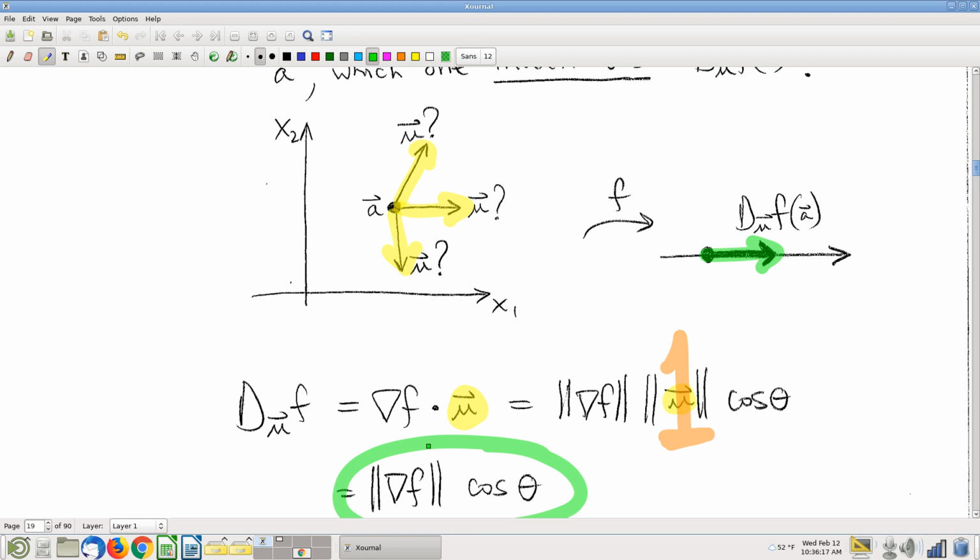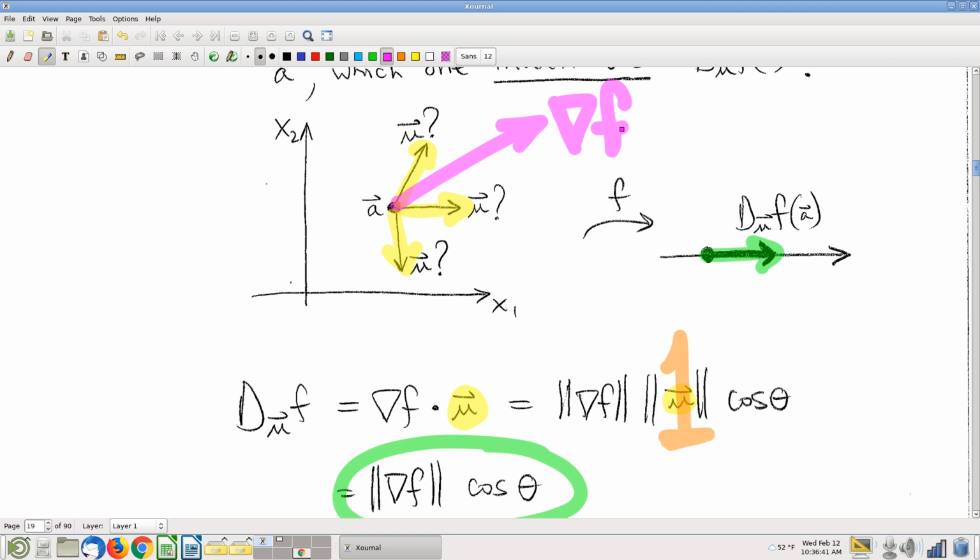Okay. Where's the gradient vector on this picture? I haven't drawn the gradient vector on this picture. So let me do that just to keep us going along here. So let's say that's the gradient of f. Right? There's the gradient of f, and I'm considering all of these possible unit vectors. As I consider different unit vectors in all different directions, what happens?